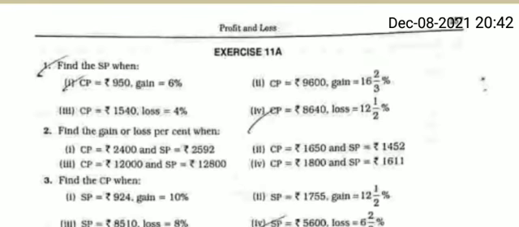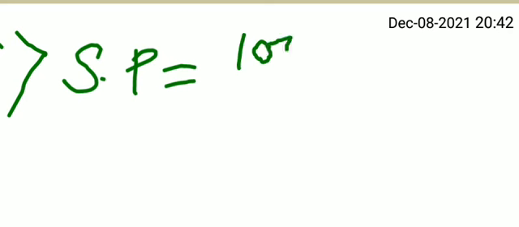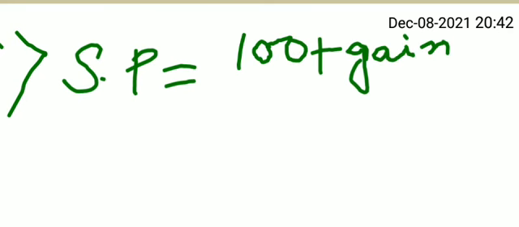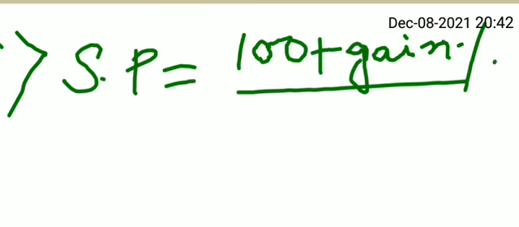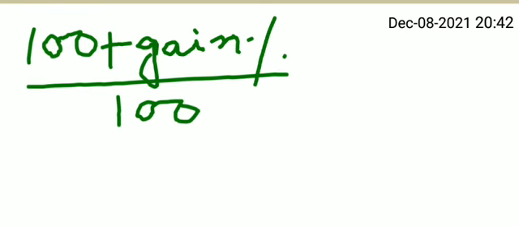Students, here you have to find the selling price, and the cost price and gain percent are given. At that time the selling price will be (100 plus gain percent) by 100 into cost price. So this is the formula that you have to apply.